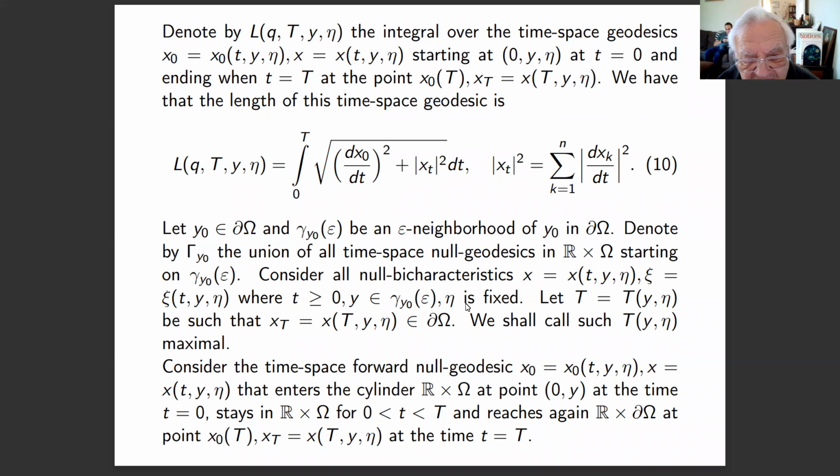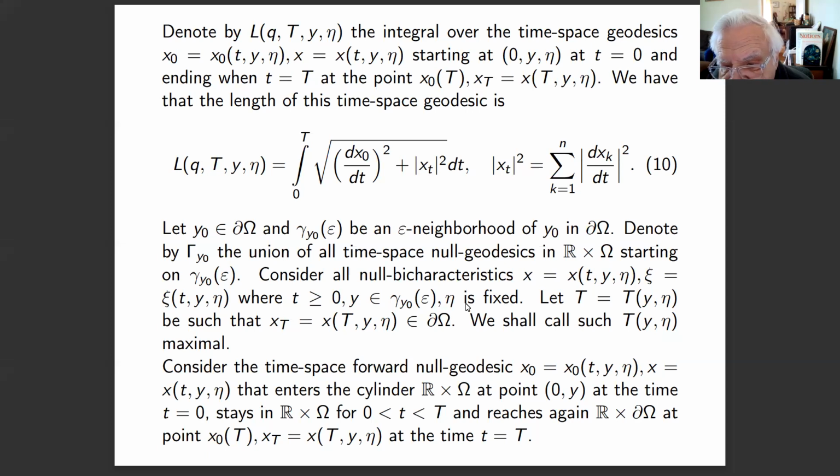So we're considering all null bicharacteristics x equal x of t, y, eta, xi equal xi of t, y, eta, where t is positive, y belongs to this neighborhood gamma y0 epsilon, and eta is fixed.